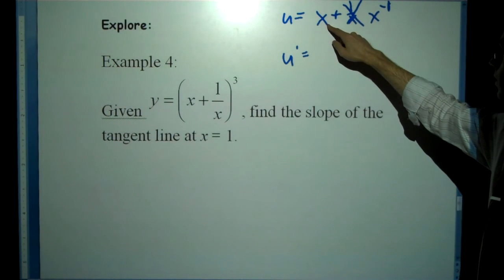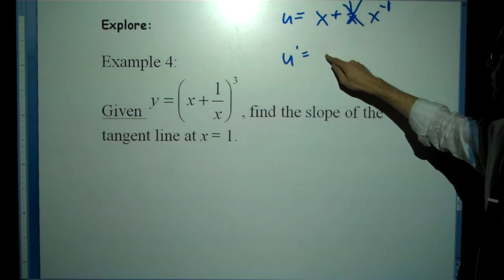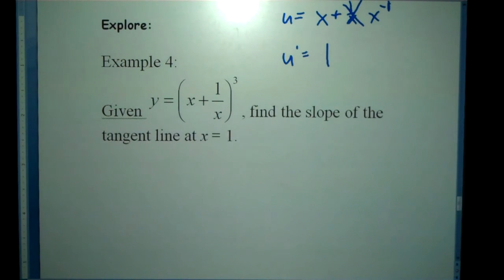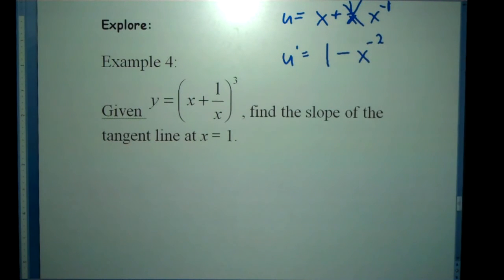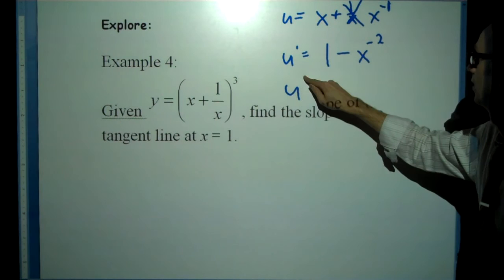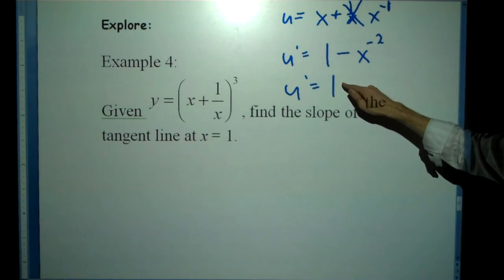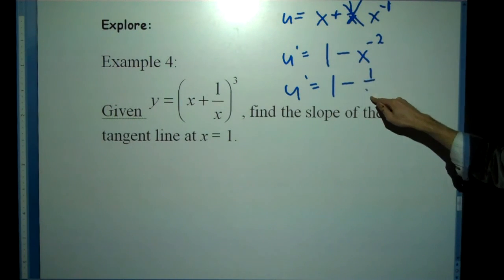The derivative of x is just going to be 1, and the derivative of x to the negative 1 is going to be negative x to the negative 2. We can rewrite that as 1 minus 1 over x squared.